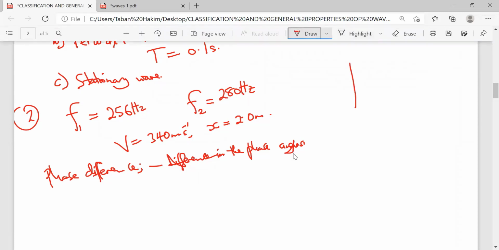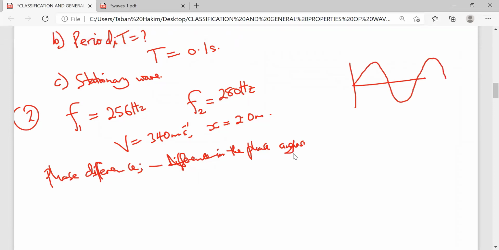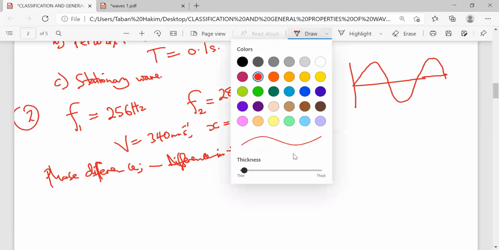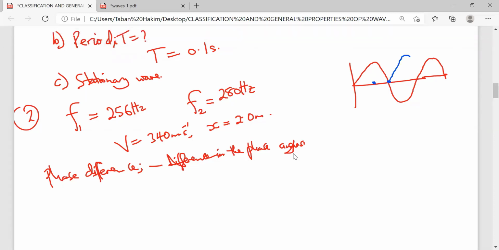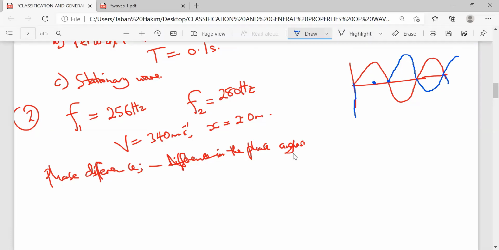For example, in case we have one wave here, and then we get another wave here, starting from this point and it goes like this.